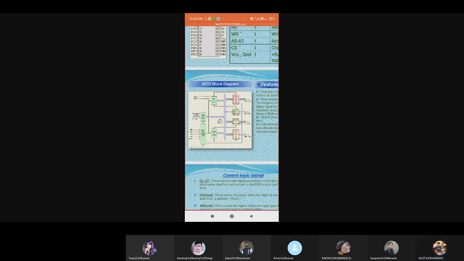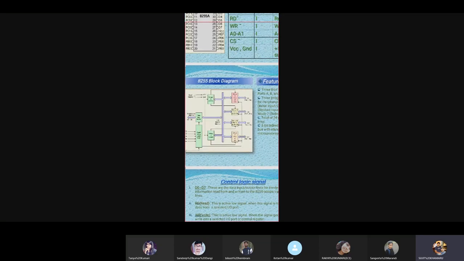Now, on the right-hand side, group A goes to group A port A and group A port C upper. So each group can be divided into 12 pins. One is 8 pins of group A port A, and another in port C, group A upper, and all of these are bidirectional and connected to the internal buses.